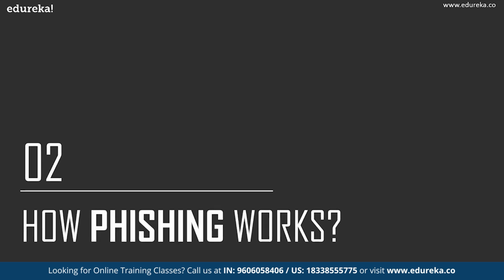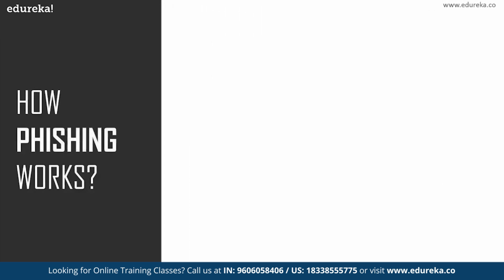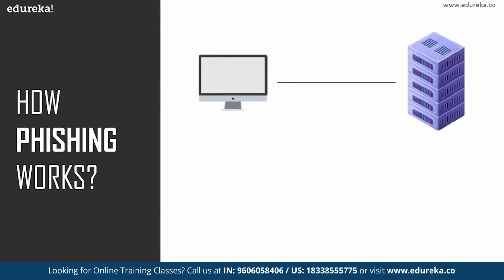Like I told you, phishing is a web-based attack and this is mainly used to steal credentials. So we need a web application that is using a web server. Now every web application is connected to a web server. When you're using a web application, there is some data, the packets, the information that is being sent from your web application to the web server and from the web server back to your web application. This is how the communication between the web application and the web server happens.